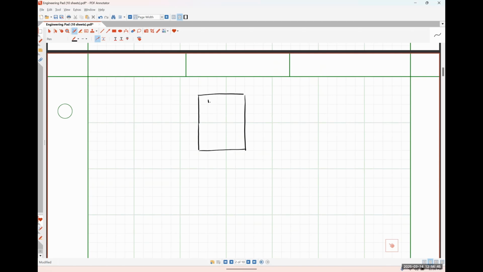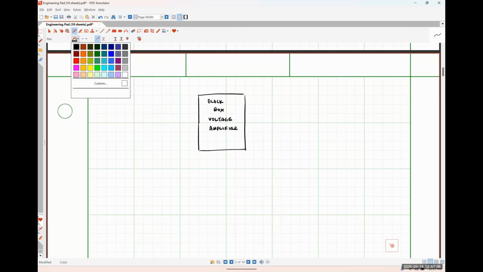And I'm just going to label this guy a black box voltage amplifier. And I'm going to give this voltage amplifier a gain of A subscript V, where that subscript V is literally telling me that this is voltage amplification, okay?